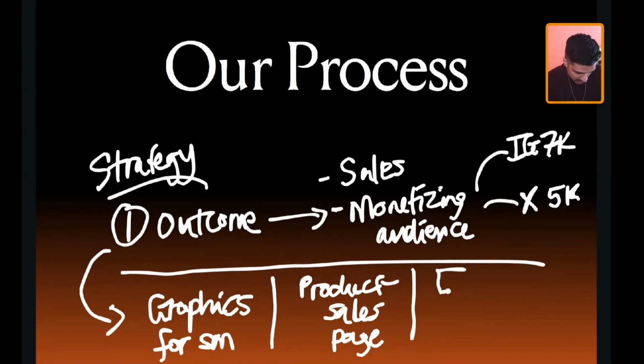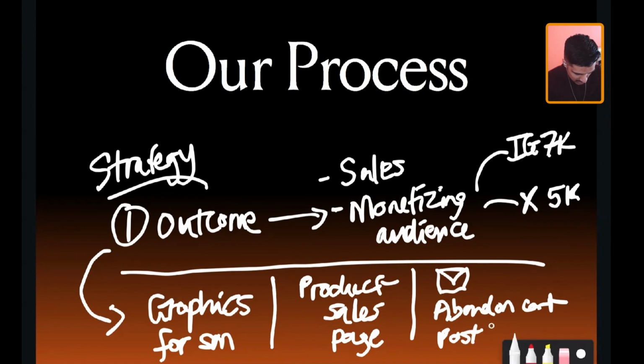And so that was going to be email. So we needed an abandoned cart sequence and a post-purchase sequence. So that was kind of the bulk of what we were doing. And from there, we could get into the details of how exactly we would do these things.